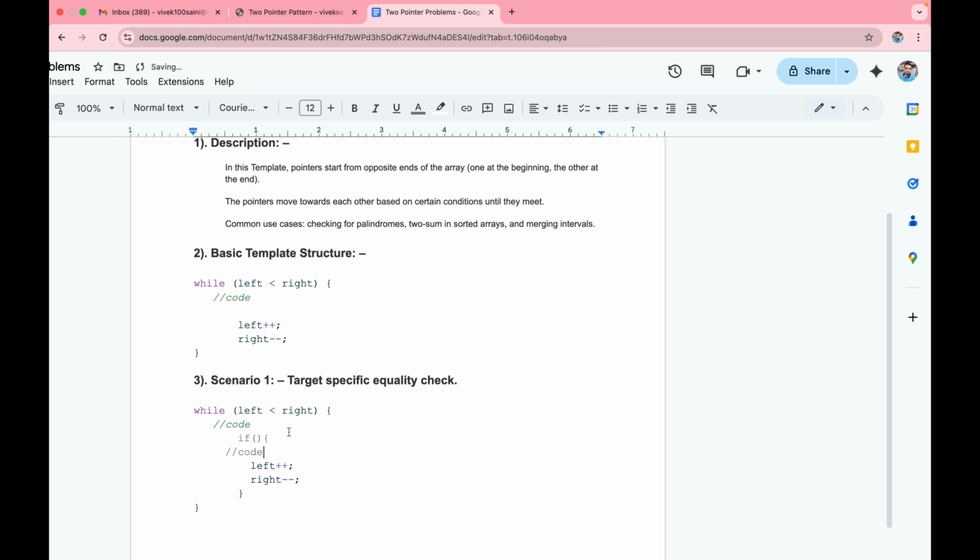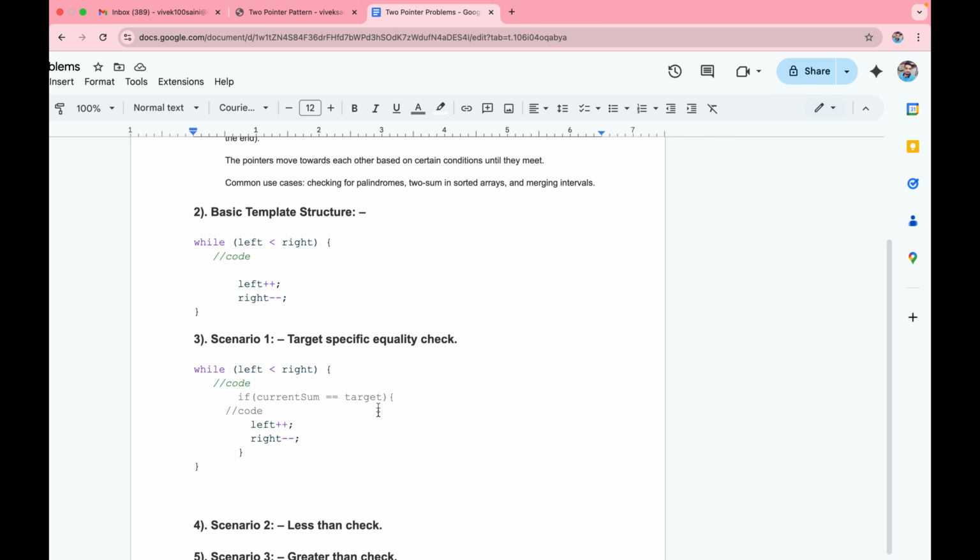So I will write the code here, and the condition I have is current sum equal to target. Then every time I was doing left plus plus, right minus minus. If we need to do some logic, I can do it here. But the basic structure is, if it is matching my target, I will move both the pointers, and until I am able to iterate over that particular array, I will do this exercise. So this was my first scenario.